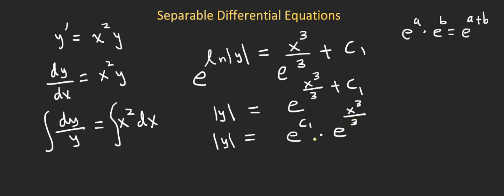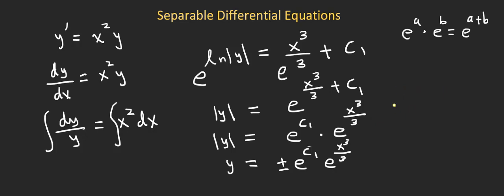Now remember, this is another constant. But before we change that, since this is absolute value, you get y equals positive or negative e to the c1 times e to the x cubed over 3. Remember, this is another arbitrary constant, so we could call it A or C depending on your preference.